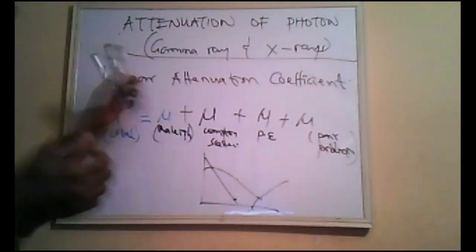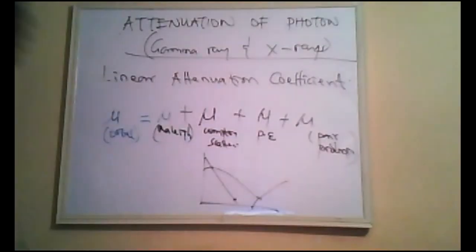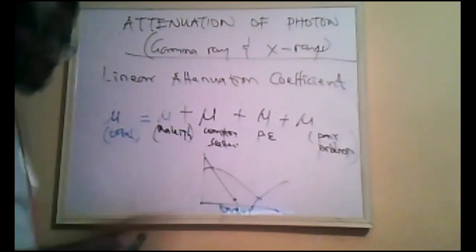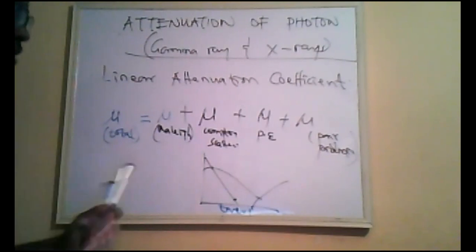So from the linear attenuation coefficient, you can get the photon energy that will give us the best contrast.